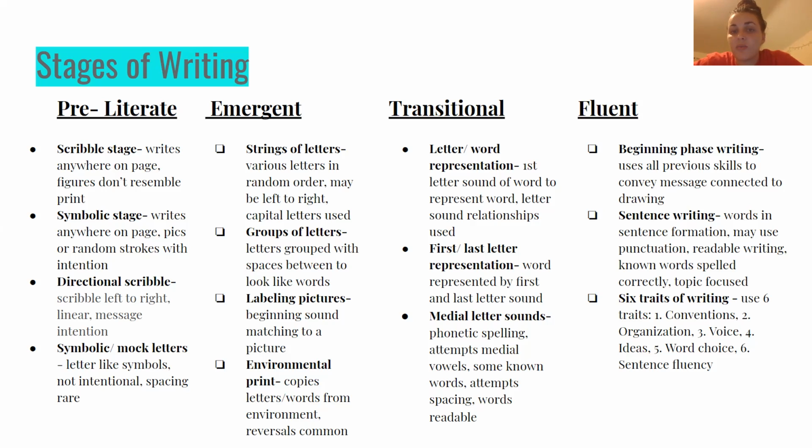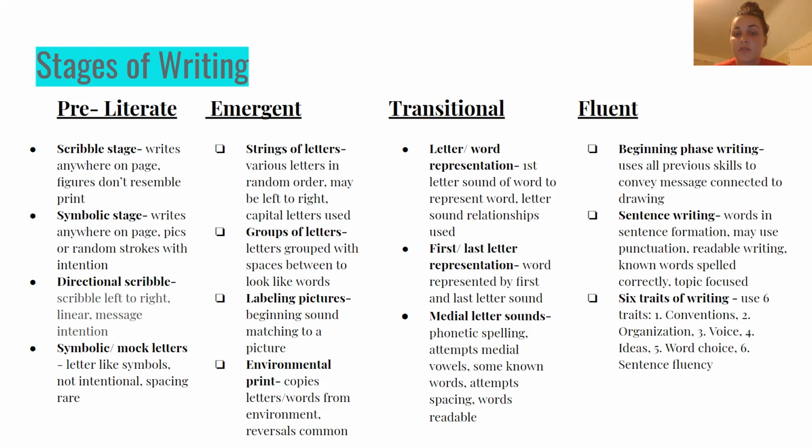Now the student would be in the transitional stage, and the first part of transitional is letter or word representation. The first letter sound of a word represents that word, and also letter sound relationships are used. Next is first/last letter representation.